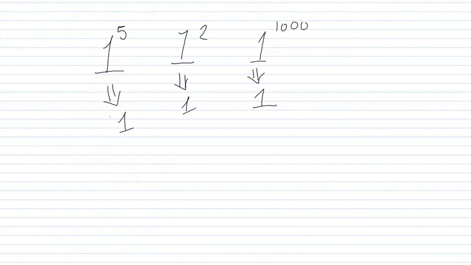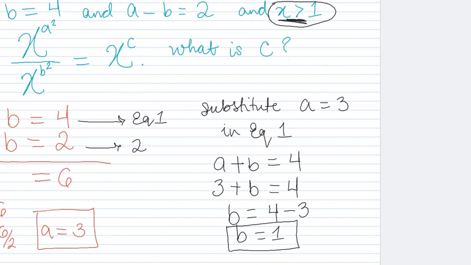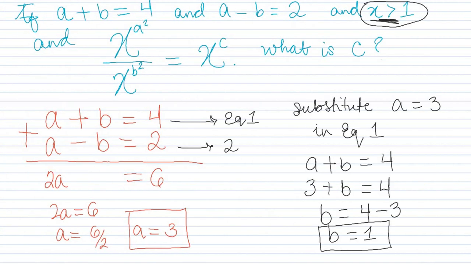So now we're going to continue on with the question. I'm going to clear the frame, and we have x. So we're going to continue to the second part of the question. So x raised to the power of a squared divided by x raised to the power of b squared equals x raised to the power of c.